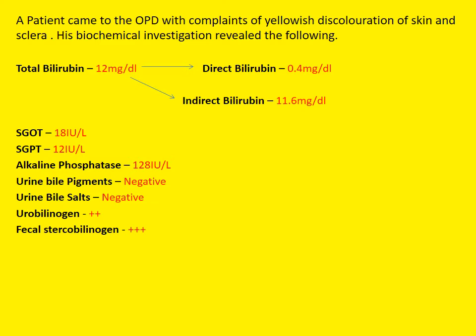His biochemical investigation revealed the following: total bilirubin 12 mg per dl, direct bilirubin 0.4 mg per dl, indirect bilirubin 11.6 mg per dl, SGOT 18 unit per liter, SGPT 12 unit per liter, alkaline phosphatase 108 unit per liter, urine bile pigments negative, urine bile salts negative, urobilinogen plus, fecal stercobilinogen plus.